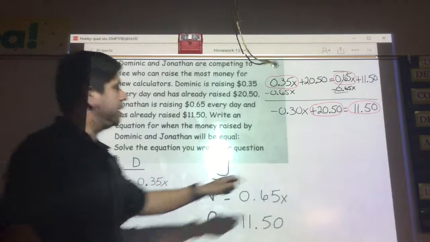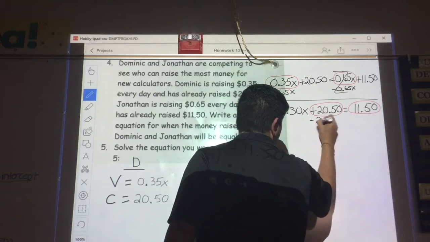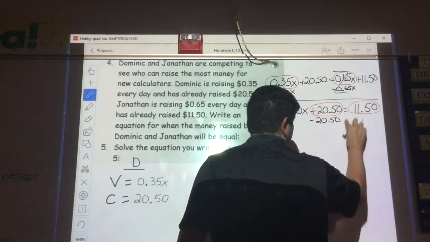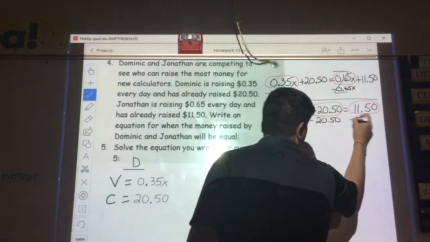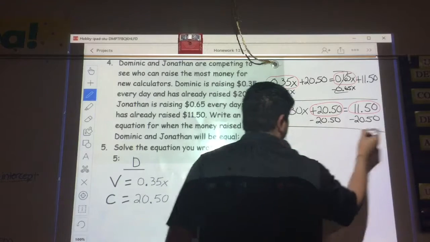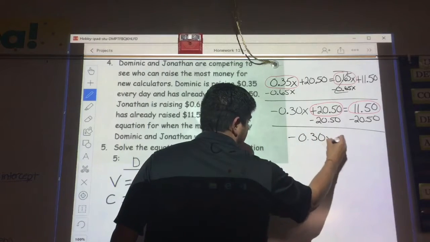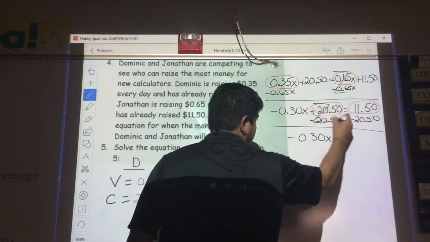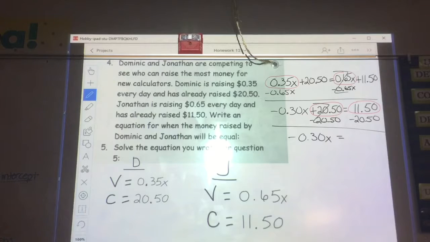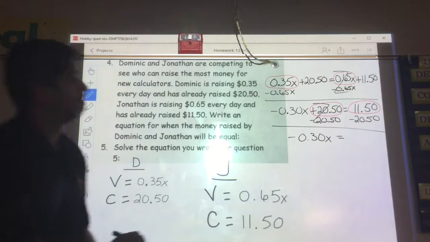So I have to find the inverse of plus 20.50, so it's going to be minus 20.50, and I bring it over here because that's the other like term. Draw my line. I bring down the negative 0.30x. This is going to zero out. Equals, now 11.50 minus 20.50 is going to be negative $9.